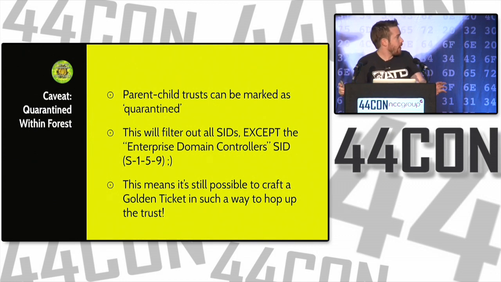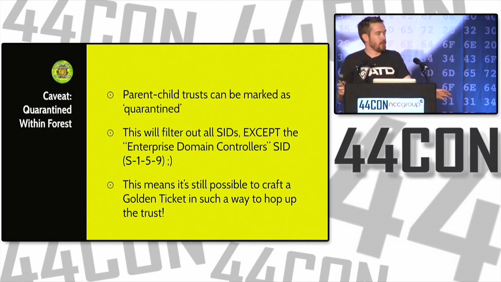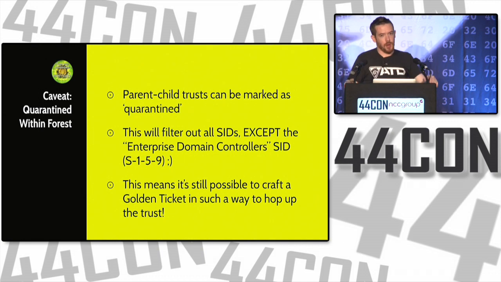But because it doesn't filter out this one SID, if you do a little bit of trickery and you know what you're doing with the Mimikatz flags, you can still construct a golden ticket in such a way that you're pretending to be an enterprise domain controller trying to facilitate replication, and you can still hop all the way up to the forest root. So it's a lot trickier, but it's still possible. If any domains are within a forest, there's no way you can protect against the SID hopping attack.